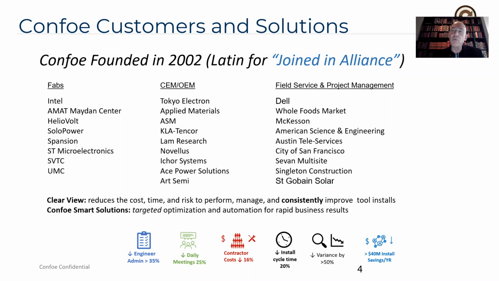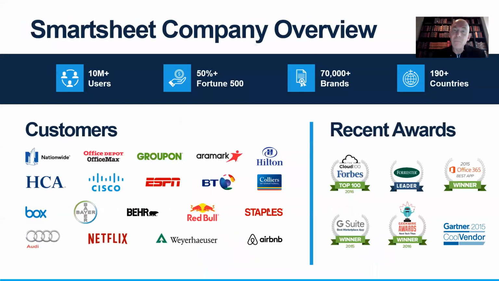Two of our primary technology implementation services and products are Clearview, which reduces the cost, time, and risk to install capital tools or to start up factories. And Confo Smart Solutions, these are built on the Smartsheet platform, and they give you targeted optimization and automation of your business processes for rapid results.